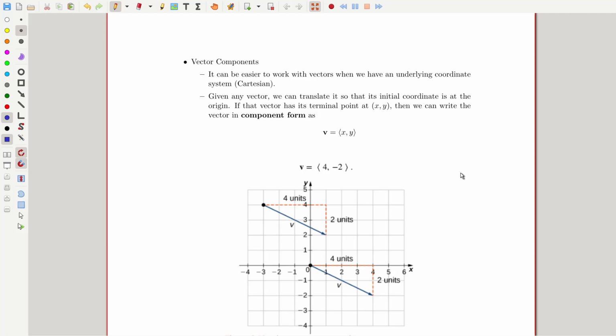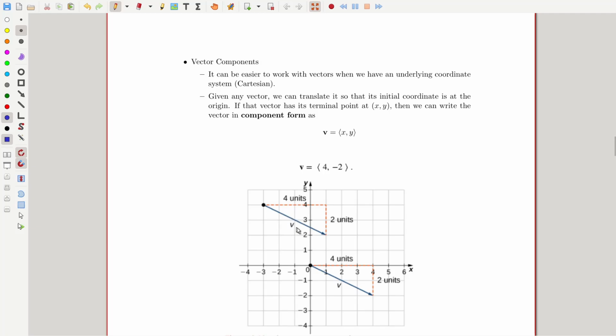That basically means we can slide the vector around, and we end up with vectors that are equivalent to the one we started with. So wouldn't it be nice if we just had the initial point be at the origin, at 0, 0? That is the idea. For any vector you're given, you can slide it so that the initial point is at the origin, which is depicted in this picture.